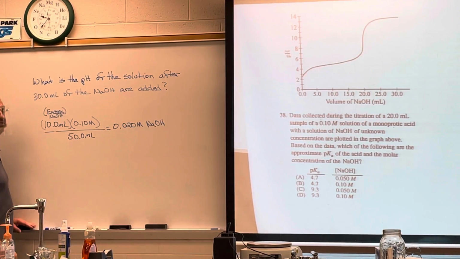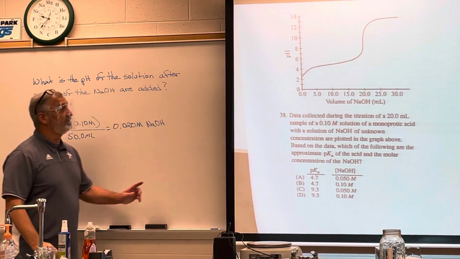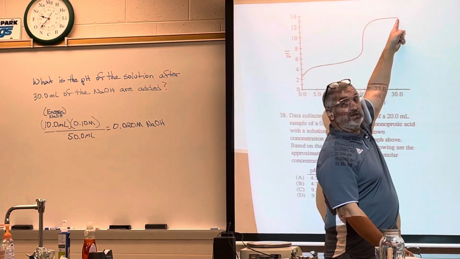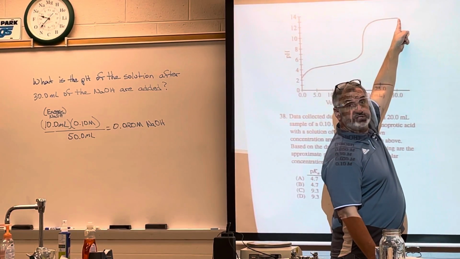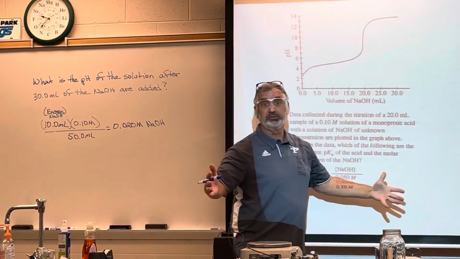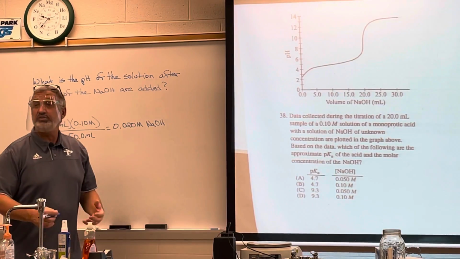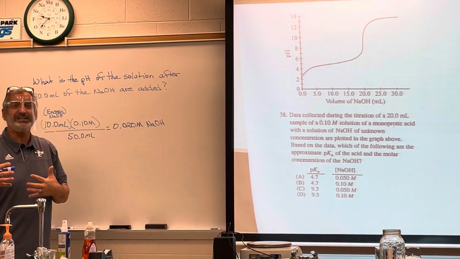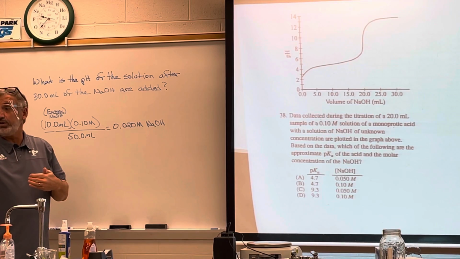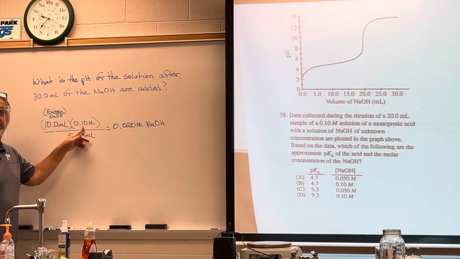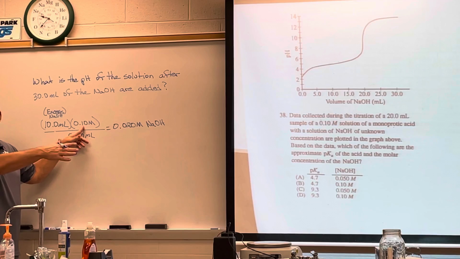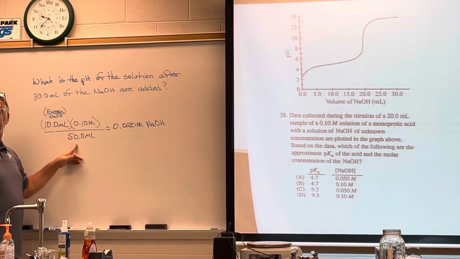So that's the concentration now of my NaOH in the solution. It's basically a dilution problem. You use the milliliters of excess, how far past the equivalence point you are, times the concentration of whatever you're adding, the acid or the base, divided by the total volume.